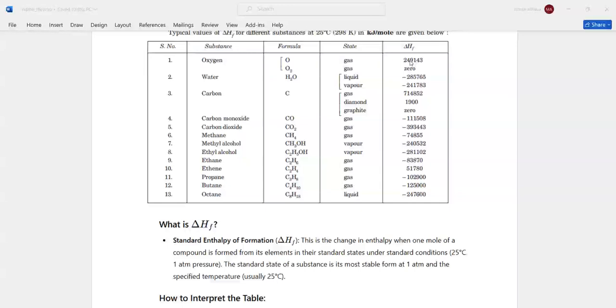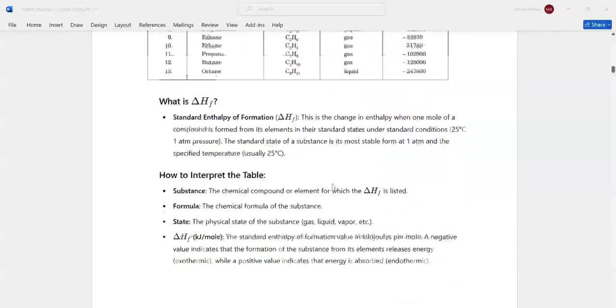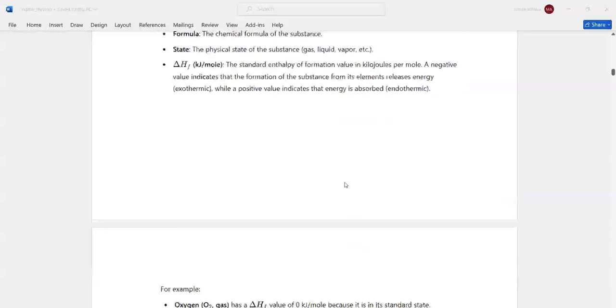So for example, if you are to combine oxygen atoms to produce oxygen gas, then you would need to absorb heat, that is an endothermic reaction, to produce the product. Now, if it is existing in its standard form, then the enthalpy of formation is going to be 0.